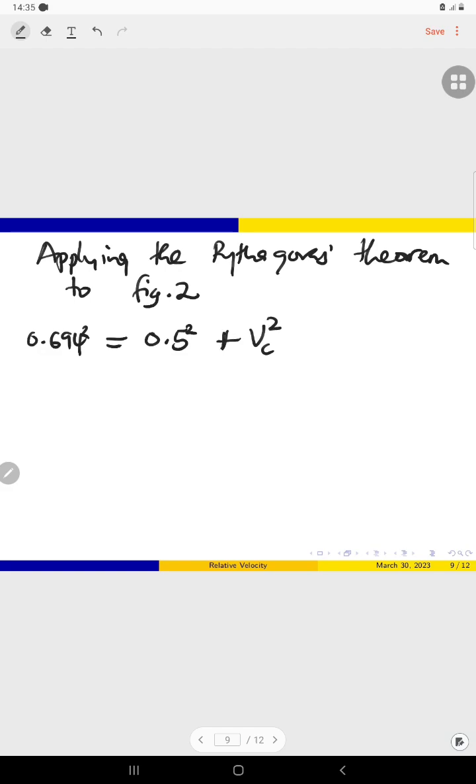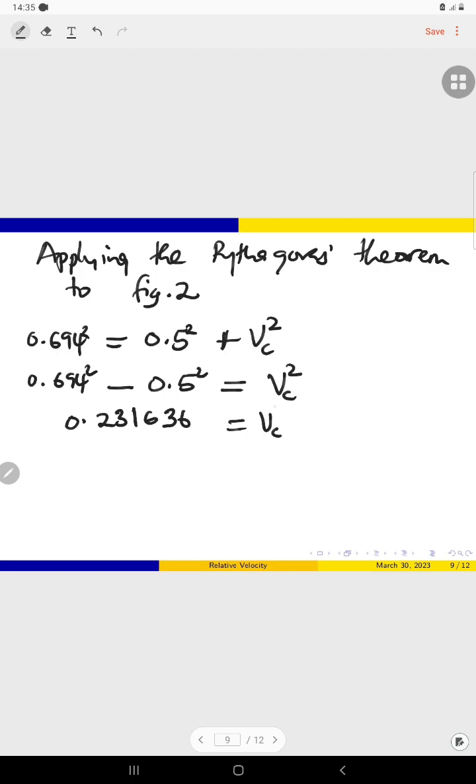So what do we get? It's going to be 0.694 squared minus 0.5 squared is equal to our VC squared. Is that not it? And when we simplify this, we are going to get 0.231636 equals VC squared. So that eventually taking the root of both sides, we are going to get VC.